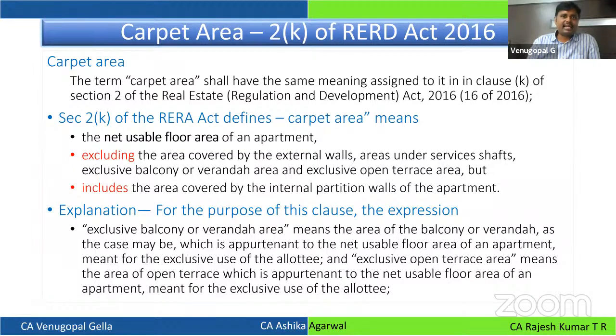Technically, the area between the boundaries of the four walls would be the carpet area. For the purpose of this clause, the exclusive balcony or veranda area means the area of the balcony or veranda which is net usable, and which is given to the allottee. That is how we will be looking at carpet area.